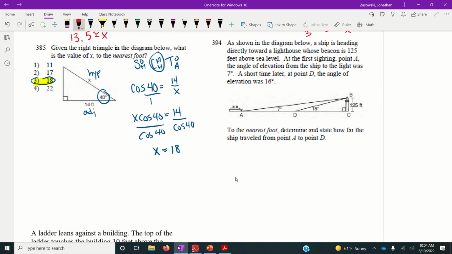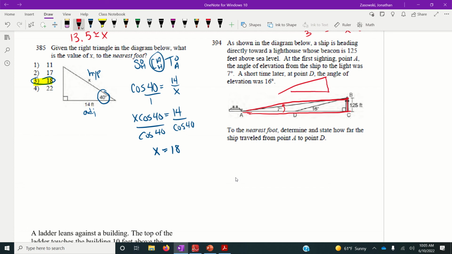Okay, in 394 off to the right. So what happens is we have a ship heading directly toward our lighthouse, and the beacon is 125 feet above sea level. So the height of this triangle that we have here is 125 feet. Now, the angle formed, for the angle of elevation, remember from the bottom corner, is going to be 7 degrees. So what's going on in this figure is we have 2 triangles being made.